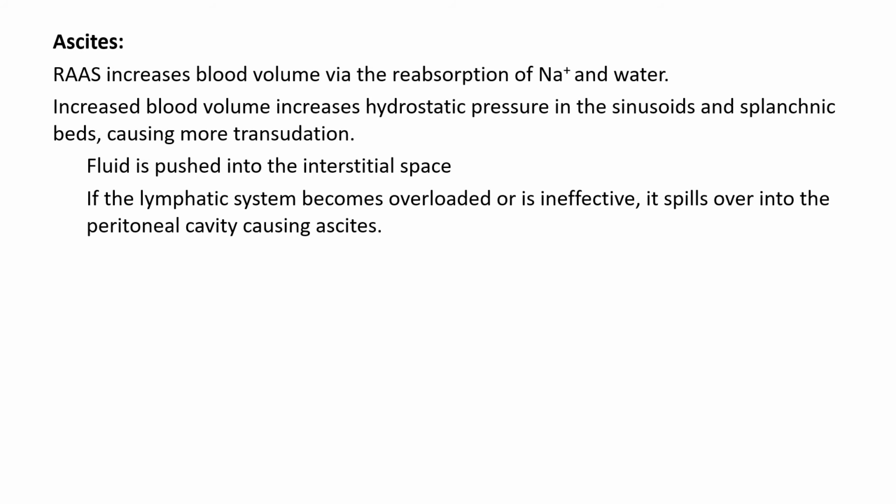Now, up until a certain point, the lymphatic system can cope with this. It takes it away, carries it away. But if it becomes overloaded, it spills over into the peritoneal cavity. So we end up with a peritoneal cavity full of transudate. And this causes ascites.